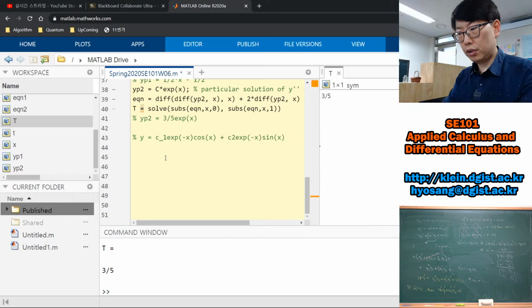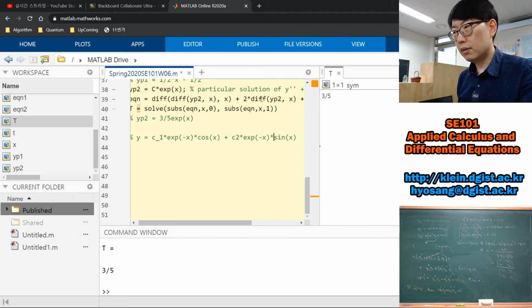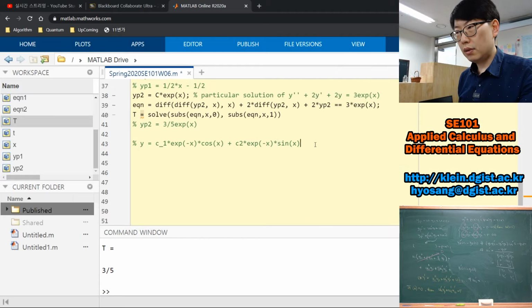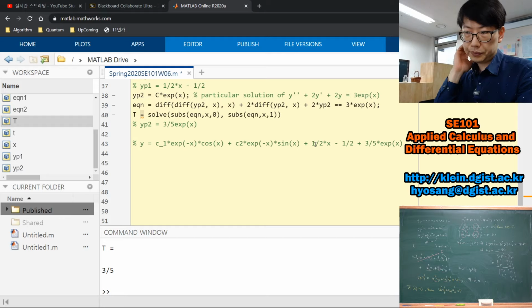I didn't put the star sign here because this is just a comment, so I don't need to be very precise. And then plus 1 over 2 times x minus 1 over 2 plus 3 over 5 times x. Okay, so this is our general solution.